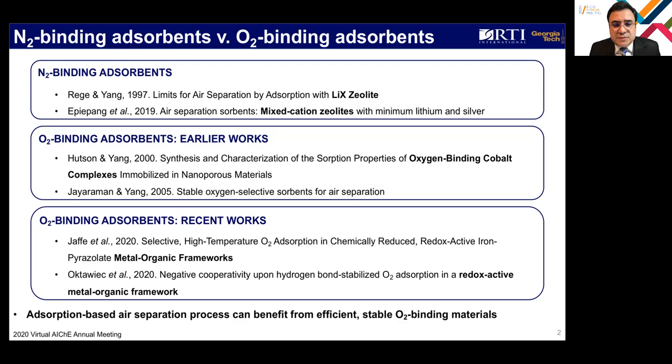The most important challenge for this type of materials in particular that bind the oxygen preferentially is the stability. So that's something that has been worked on and refined in the last 10, 15 years. And that's also one of the big challenges in implementing this type of materials for air separation.